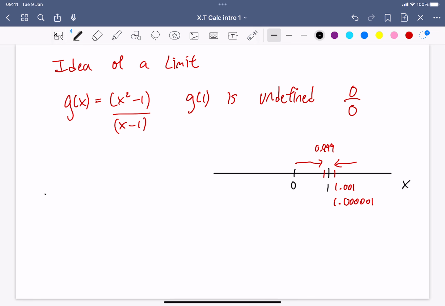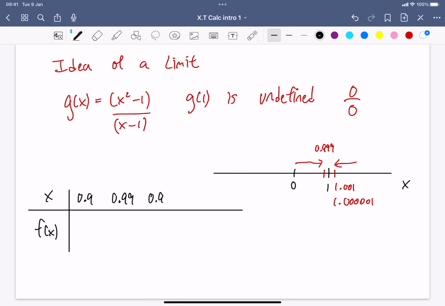Given some chart of x and f of x, at x equals 0.9, 0.99, 0.999, and from the other side, we have 1.001, 1.01, 1.1.